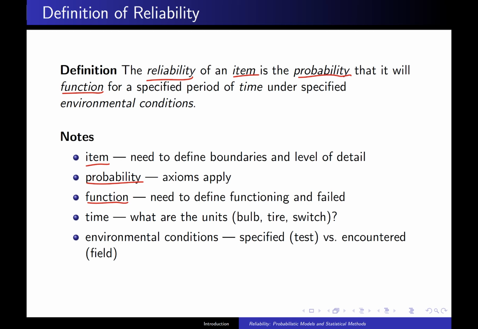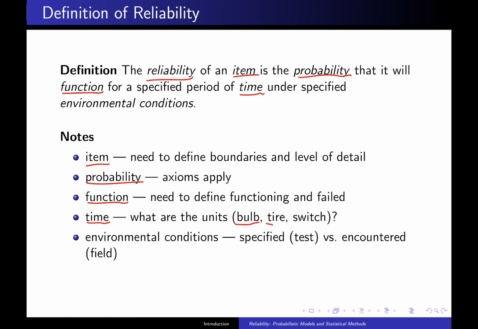Back to the definition, the reliability of an item is the probability it will function for a specified period of time. Now, time will be different depending on the context of the problem. If you have, for example, a light bulb, time might be the number of hours that light bulb has burned.